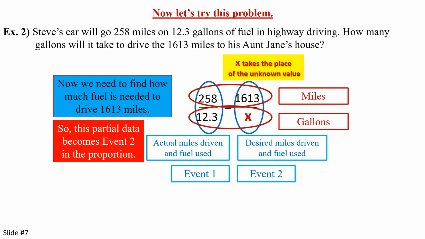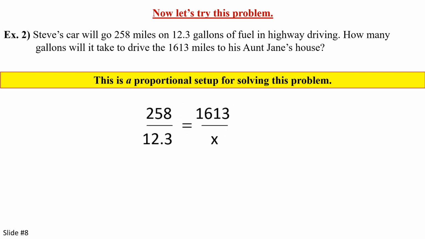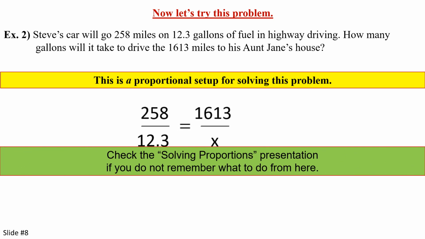I don't know what the number of gallons are for this. So there's my setup. 258 over 12.3 equals 1,613 over x. Again, remember, check the solving proportions presentation if you do not remember what to do from here.